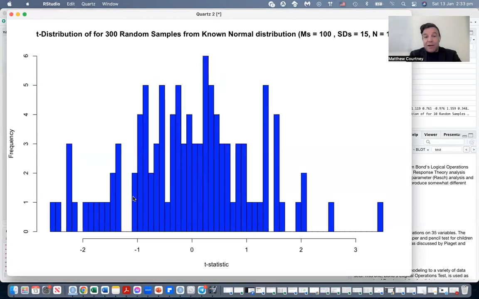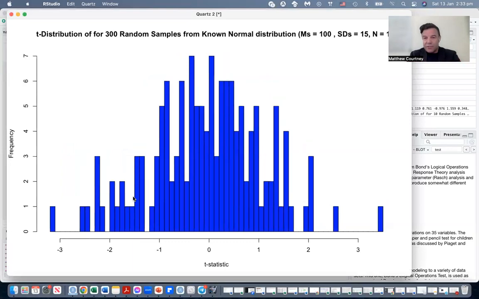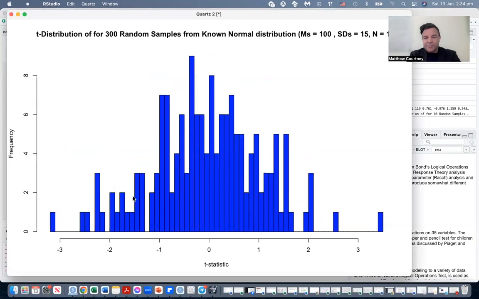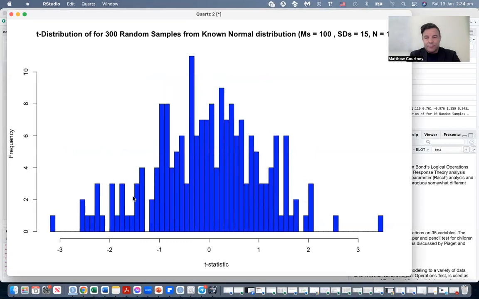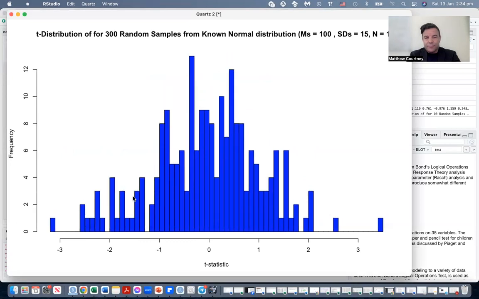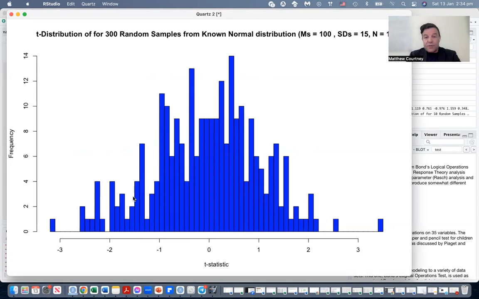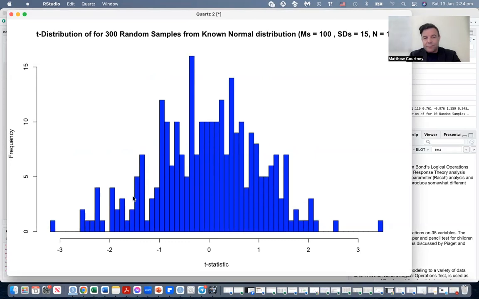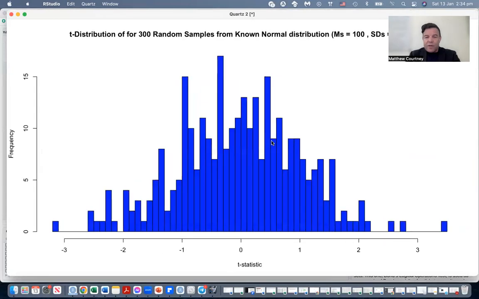So we can see a type of pattern emerging. Most of the results center around 0, as we would expect, because that's true of the population. Of course, some of the results are nearer to the tails. We can see this distribution developing. And there we have it, starting to look like a bit of a bell.